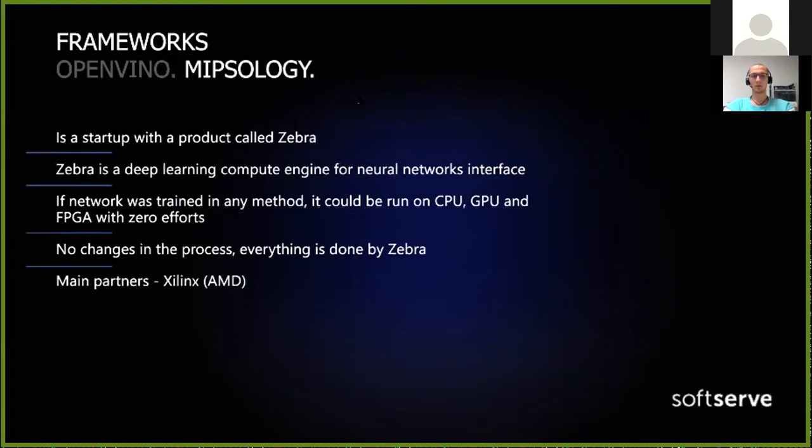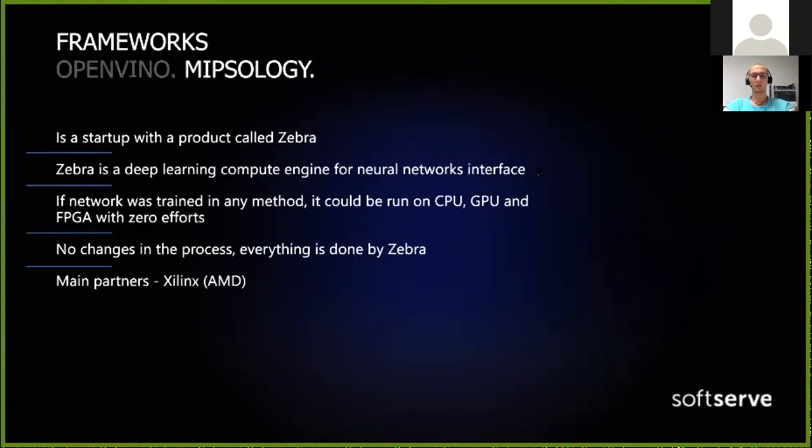Mipsology. Mipsology is a startup. This startup has a product called Zebra. Zebra is a deep learning compute engine for neural network inference, and this is something like OpenVINO, but for more platforms, because OpenVINO can be used only for Intel products. They say that any model trained on your computer can be deployed using Zebra on the different platforms that they support.